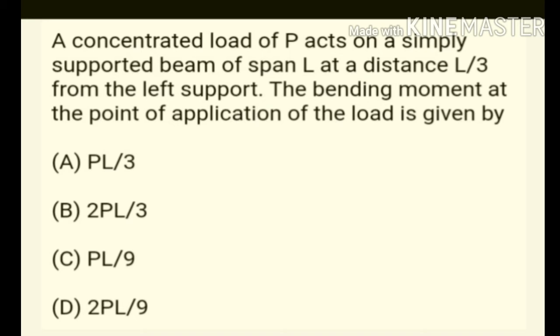See, here you have to first calculate the reaction forces and then you can calculate the moment, because you are having a concentrated load. Concentrated load means a point load at a distance of L by 3 from the left end.